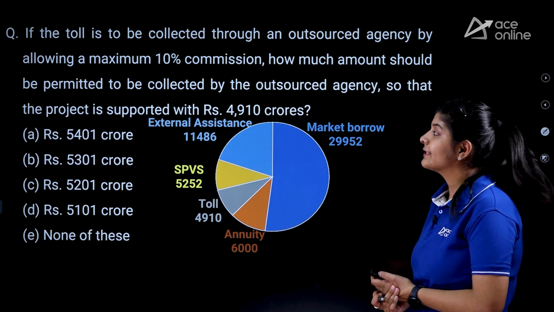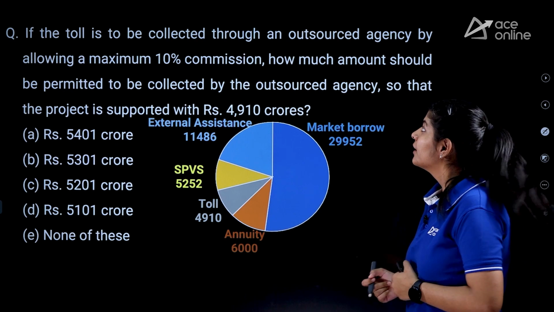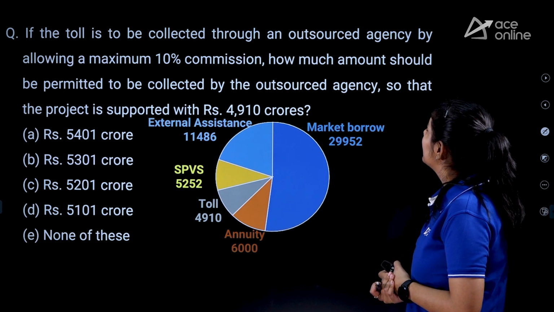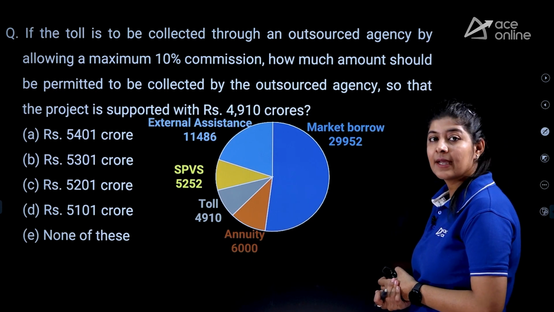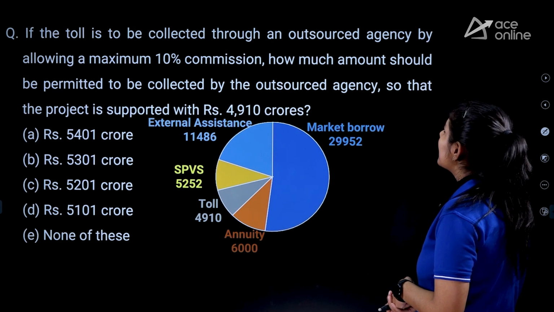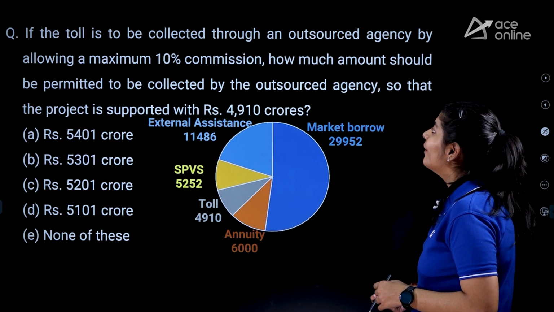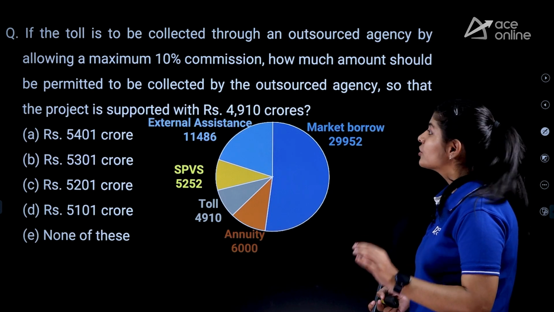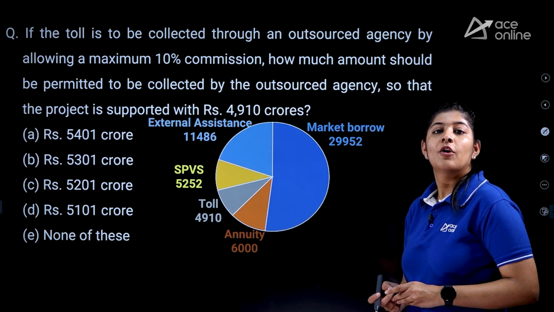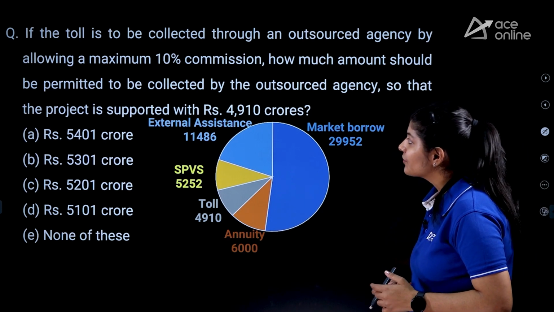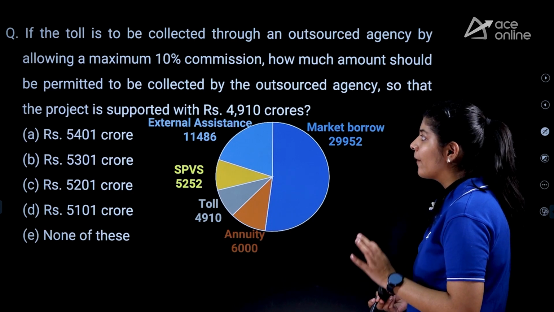So the next question says that if the toll is to be collected through an outsourced agency by allowing a maximum 10% commission, how much amount should be permitted to be collected by the outsourced agency so that the project is supported with rupees 4,910 crores?